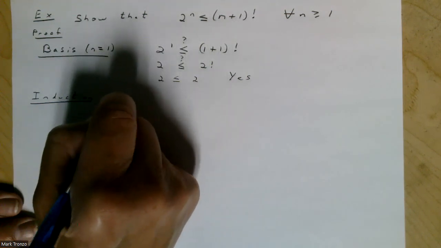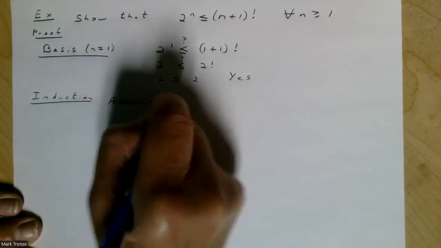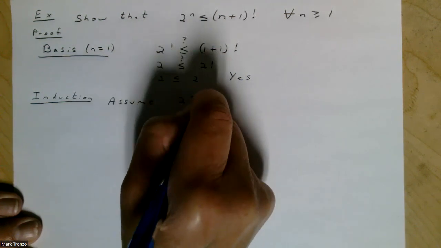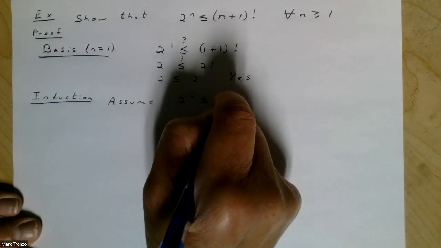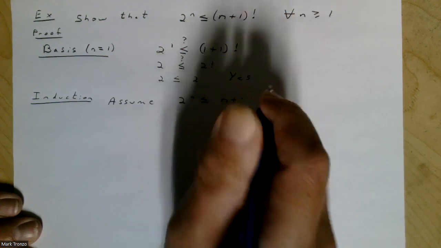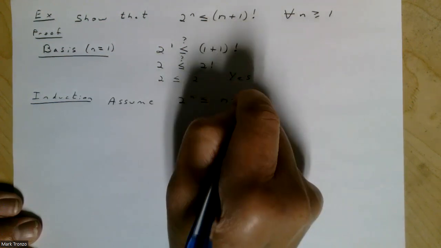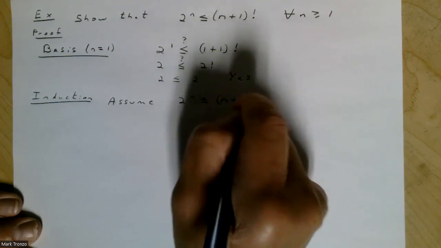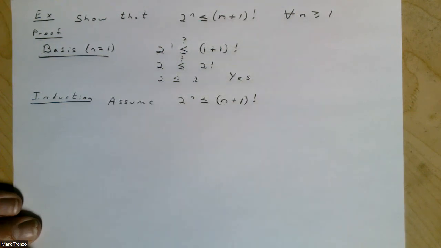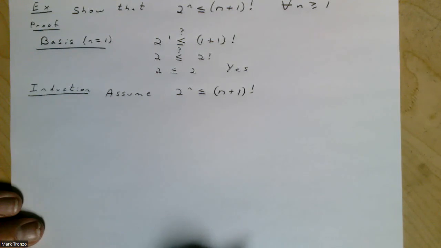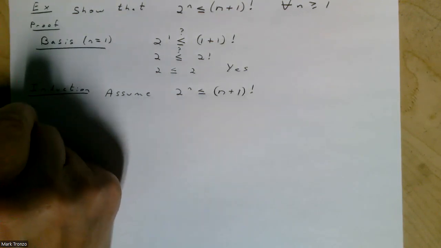Again, assume that 2 to the n is less than or equal to n plus 1 factorial is true. And then keep in mind what you want to show. Again, a lot of times I put this in parentheses.